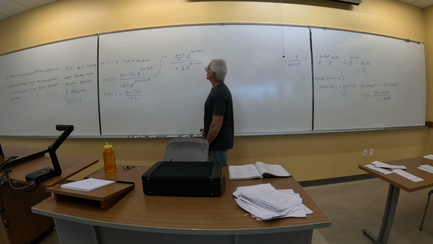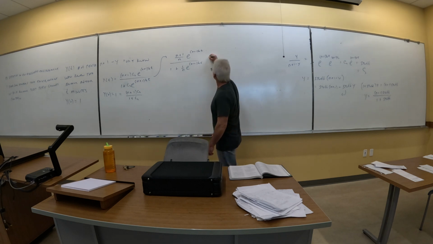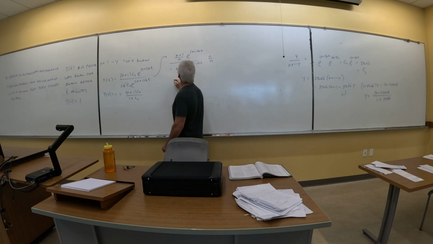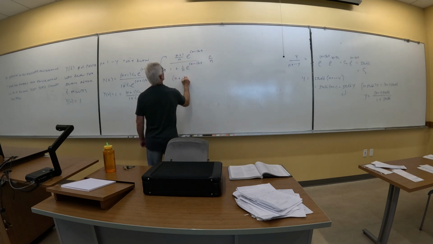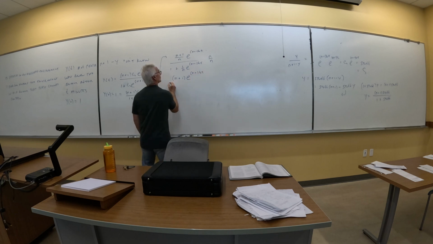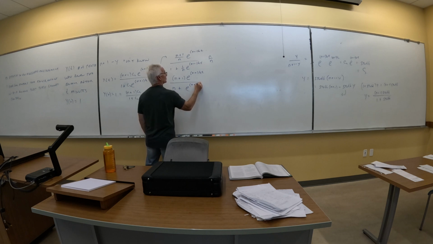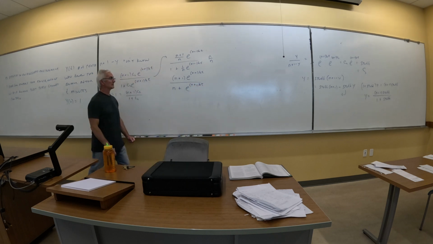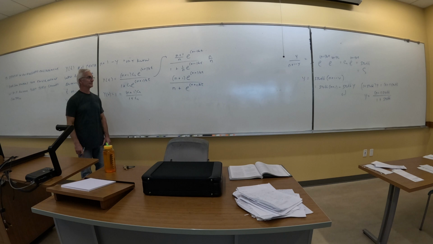Can I multiply numerator and denominator by n? Now I have on top n plus 1 e to the n plus 1 kt, and on the bottom I have n plus e to the n plus 1 kt. Huh. Again, I can't cancel anything.